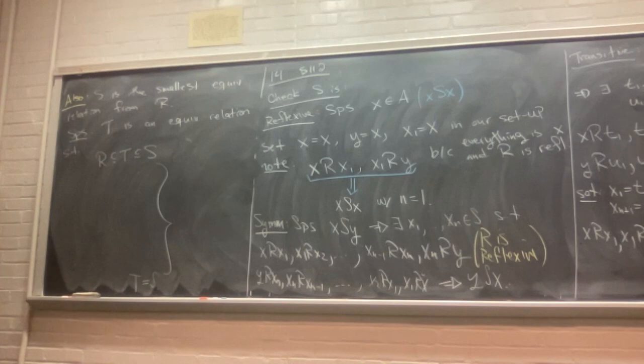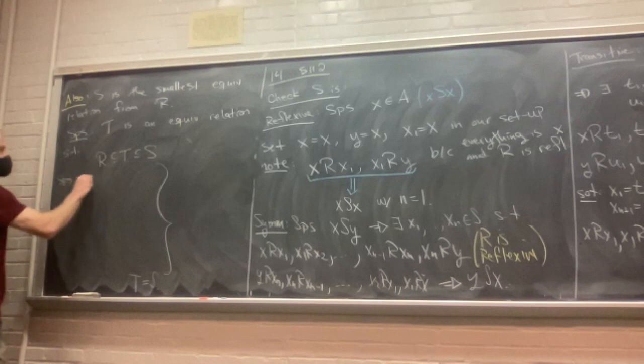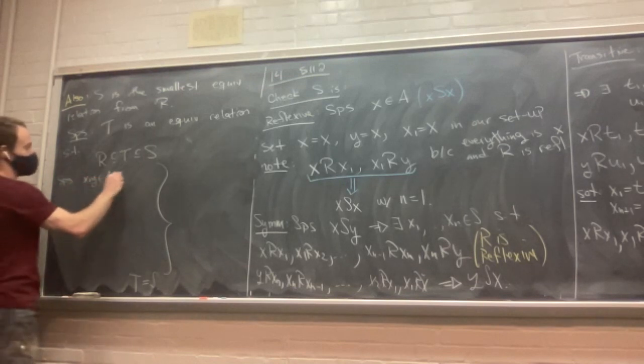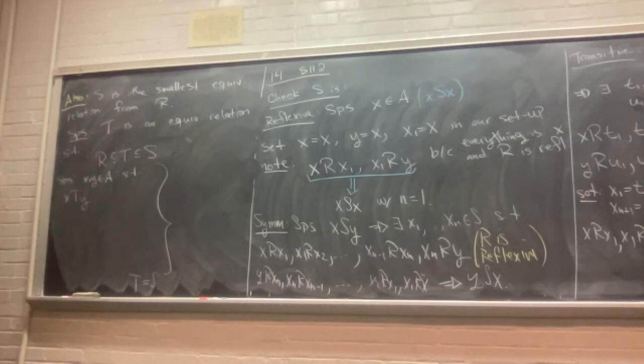Yeah. So I think you would just do this with some sort of set inclusion. So you would do something like this. Let's suppose X and Y are in A such that X is T related to Y, right?